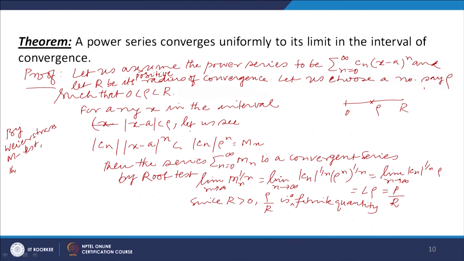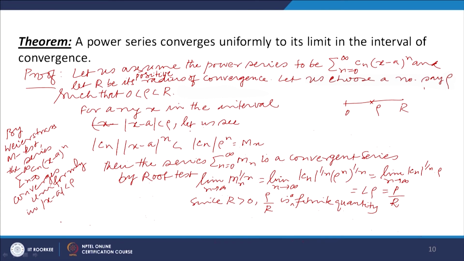So, this means that by Weierstrass M test, the series sigma n equal to 0 to infinity Cn x minus a raised to the power n converges uniformly in the interval mod of x minus a less than rho.